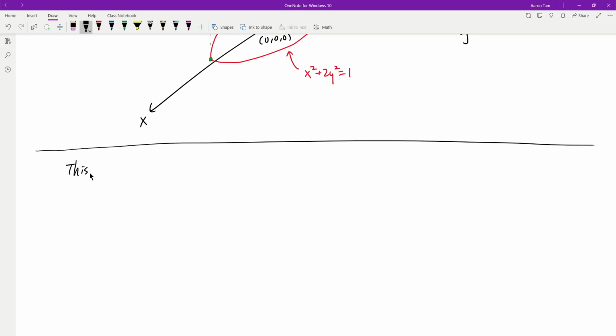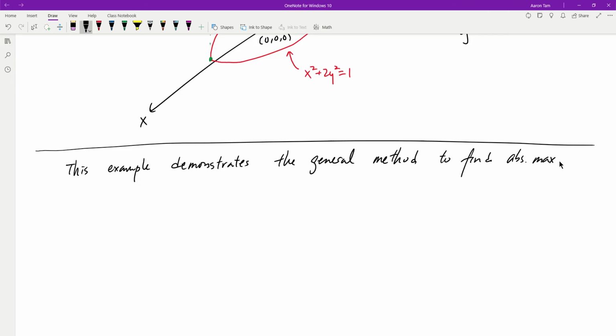So this example demonstrates the general method, which is using theorem 6.4.1, the general method to find the absolute maximum or minimum for a function f that maps from Rn to R over a region S. So the method would be as follows.